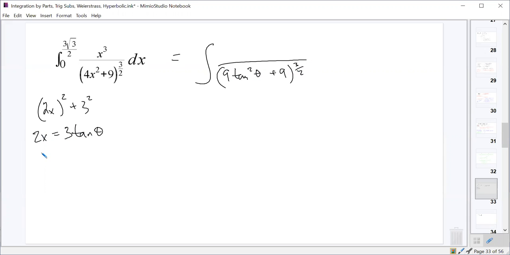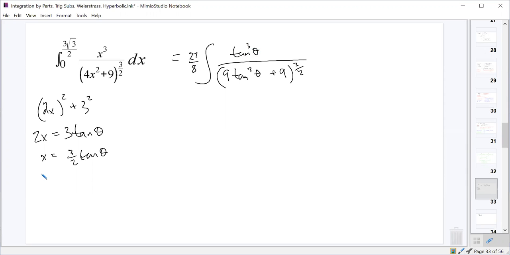Well, what is x equal? X is 3/2 tangent theta. So if we're going to replace the x cubed, that ought to become 27/8 that gets pulled out times our tangent cubed theta.